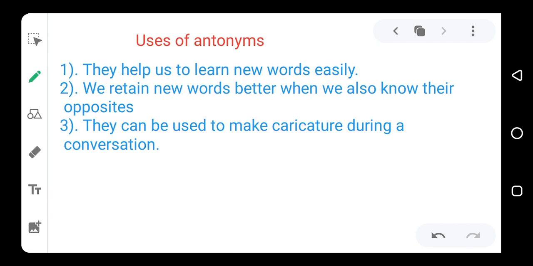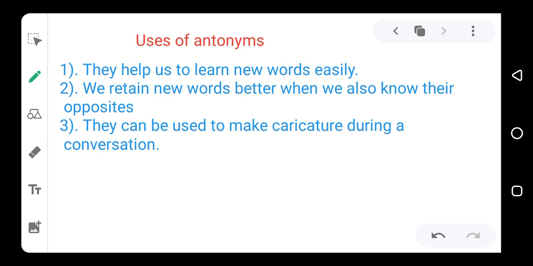So each time you learn a new word, try to look for the opposite of that new word. It will help you to retain that new word and learn it better.